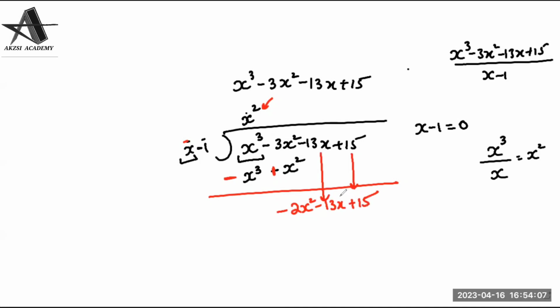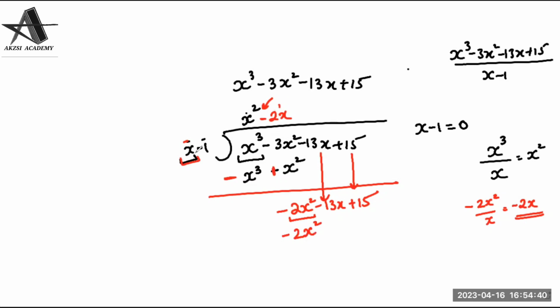And you need to repeat the same process again. That means take the first term of this dividend, minus 2x squared, and the first term of the divisor, which is x. You will get negative 2x. After dividing, whatever quotient we get, we write up there: negative 2x. So negative 2x times x is negative 2x squared.